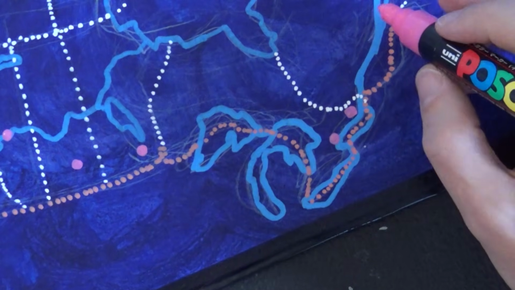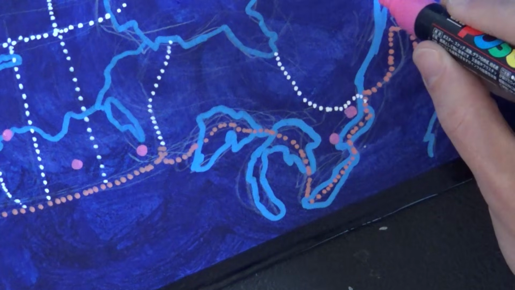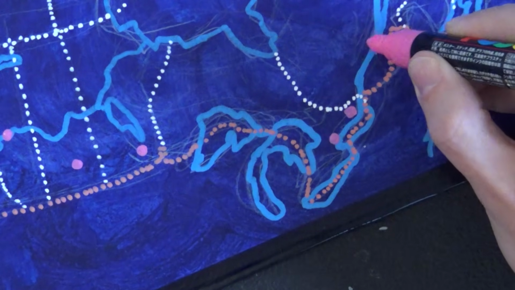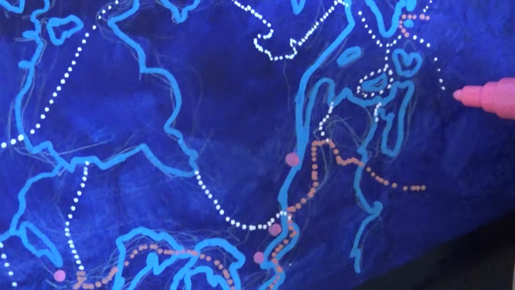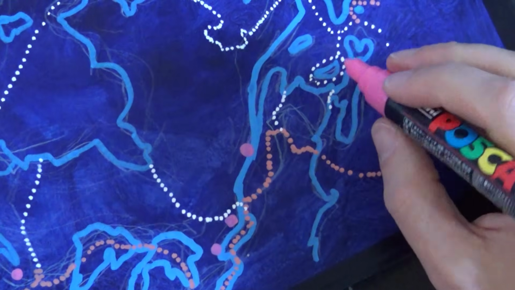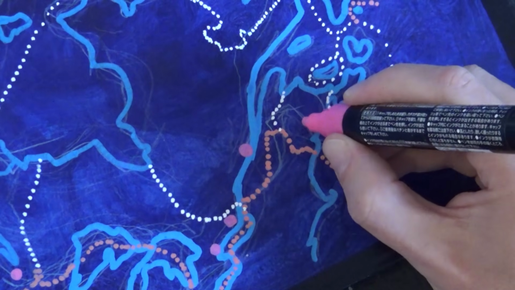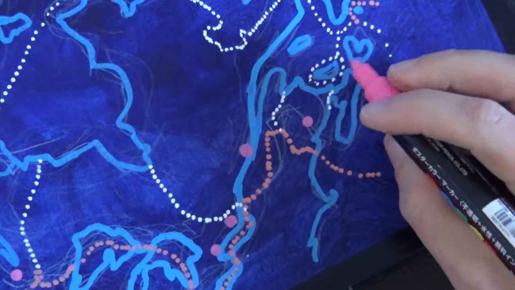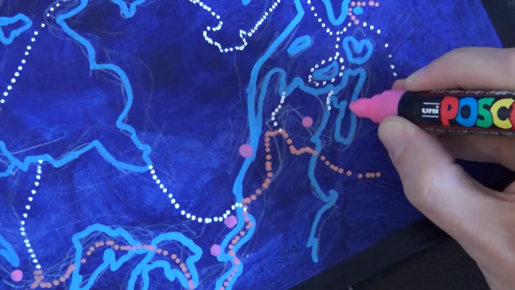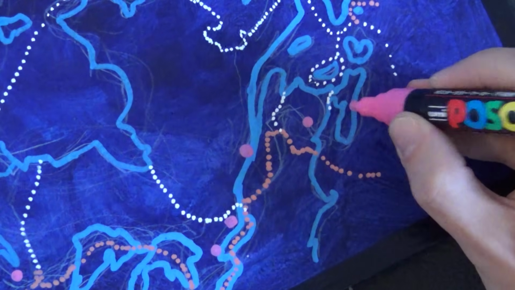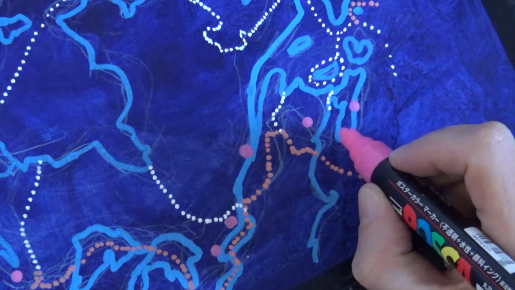And in Quebec we have the province capital, Quebec City. In New Brunswick we have Fredericton, the capital. In Nova Scotia we have Halifax by the eastern coast. Remember, Port Royal was located on the western coast.